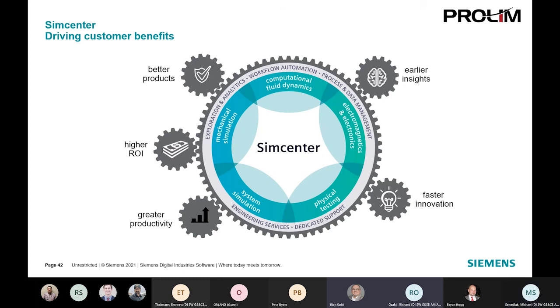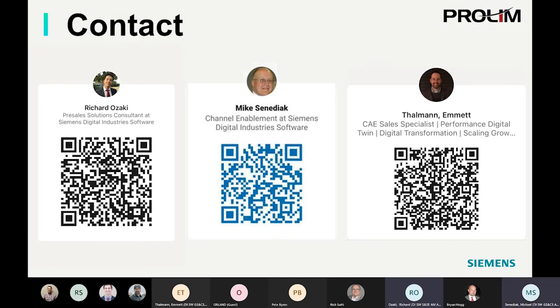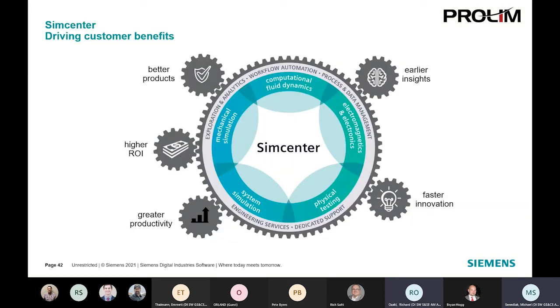Any other questions from the audience? Another one I got here is, how is SimCenter 3D licensed? Richard or Mike? Sure. So I can talk about SimCenter 3D, and then if Richard would like to add on FloEFD. For SimCenter 3D, we have a bundle.